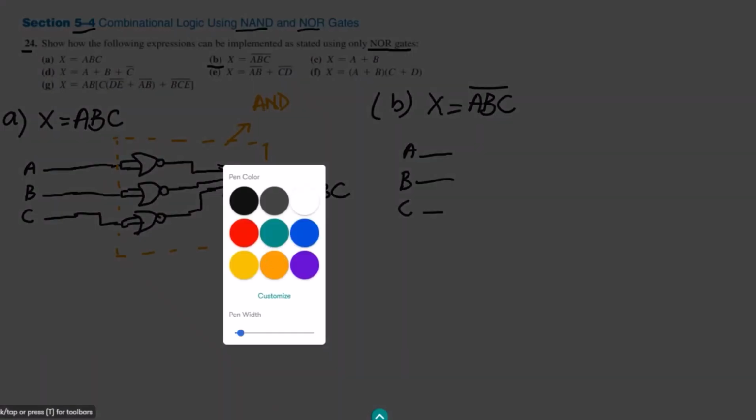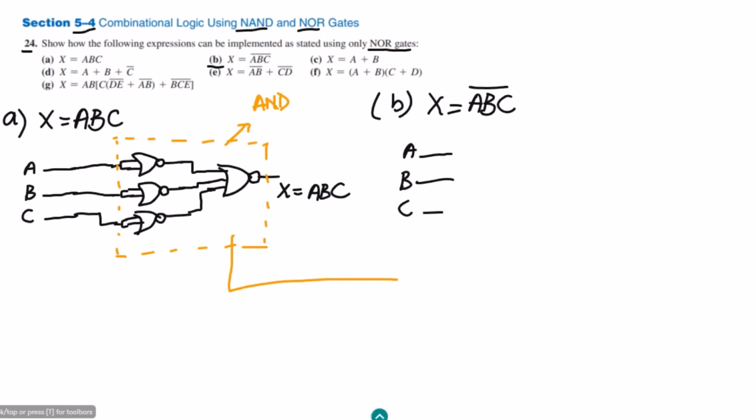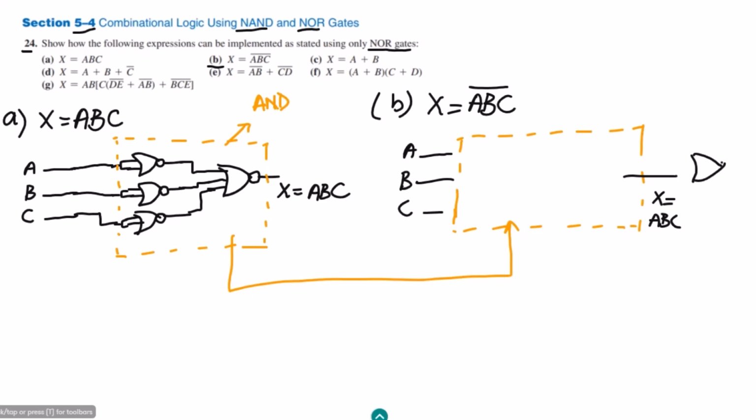When this is implemented, at the output of it we get x equal to ABC. At the output we will write an inverter, and the output of it will be x equal to ABC whole complement.